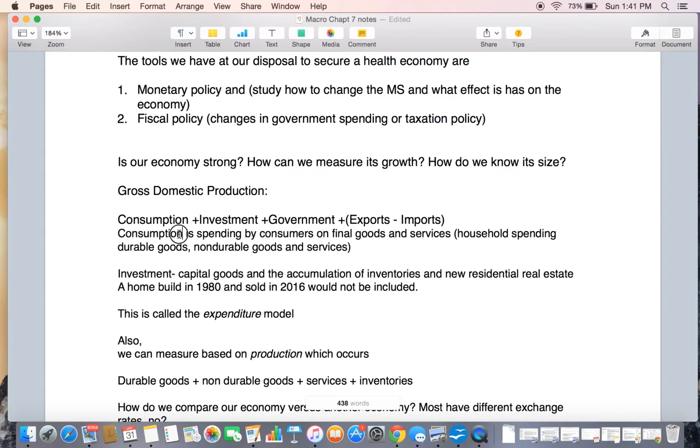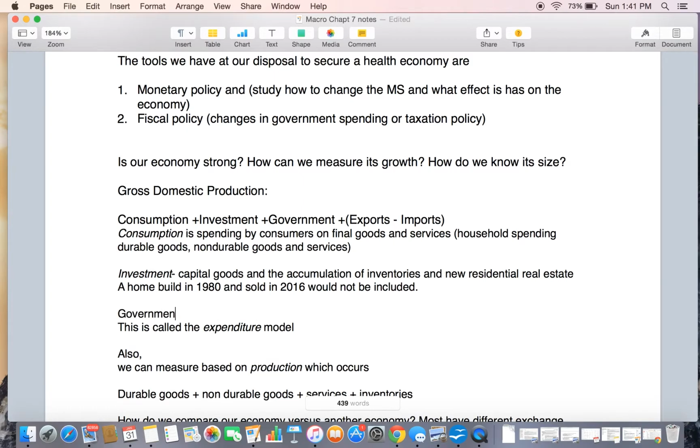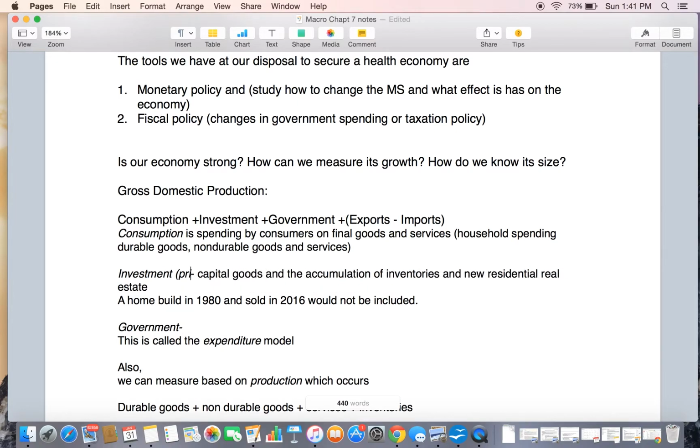So we have our consumption category, we have our investment category, and we also have government expenditures. So the government can do a couple of things. The government can actually make outright purchases, or it can make investment. So this would be considered private investment, but the government also has spending which includes public investment.